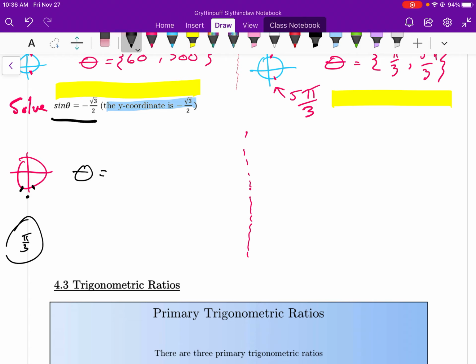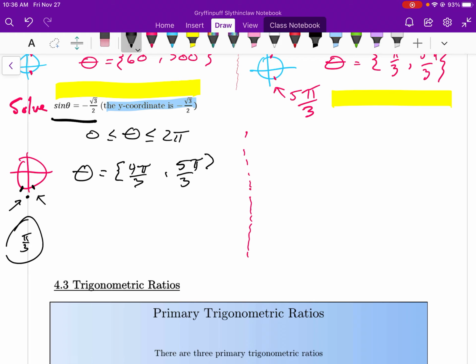So my solutions are, yikes, my apologies. I guess implicitly I've been solving it for radians, so I'm looking at it in radians. So the pi over 3 family, the one in quadrant 3 is going to be 4 pi over 3. The one in quadrant number 4 is going to be 5 pi over 3.